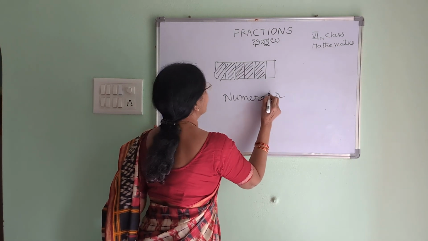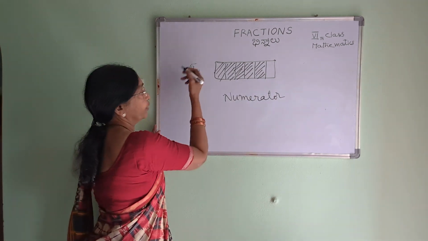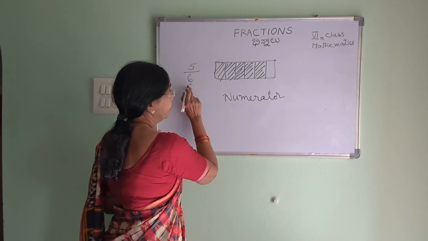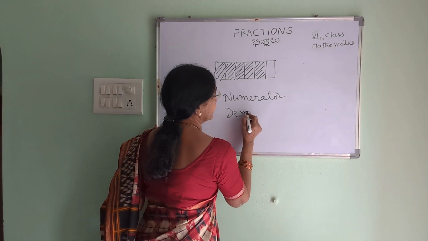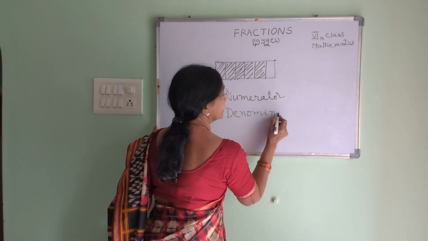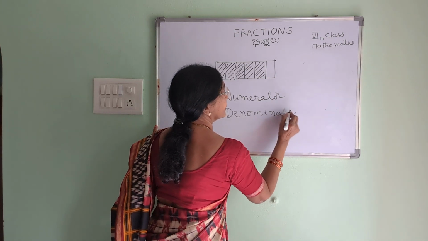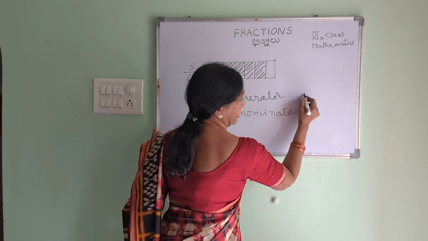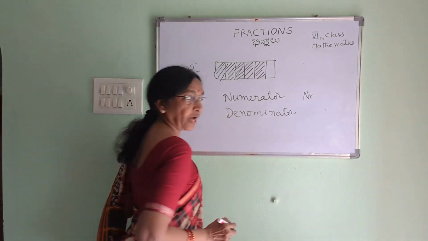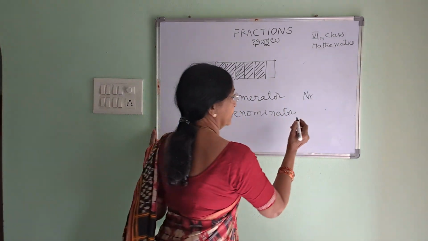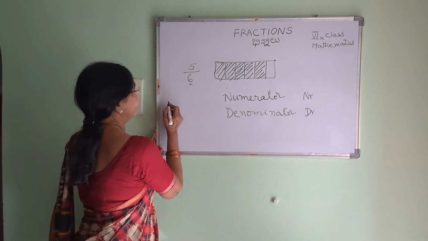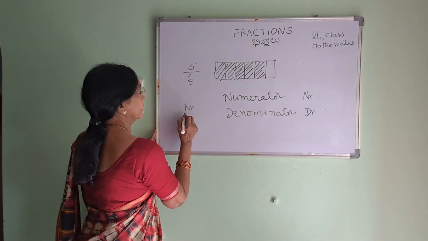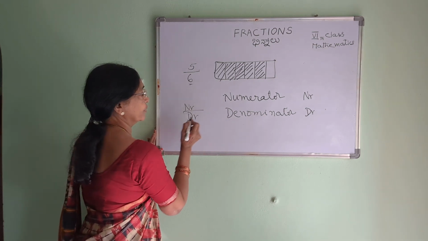The number below the horizontal line is called the denominator. So numerator, in the short way we can write as NR. Denominator, abbreviation DR. Therefore a fraction is numerator divided by denominator.